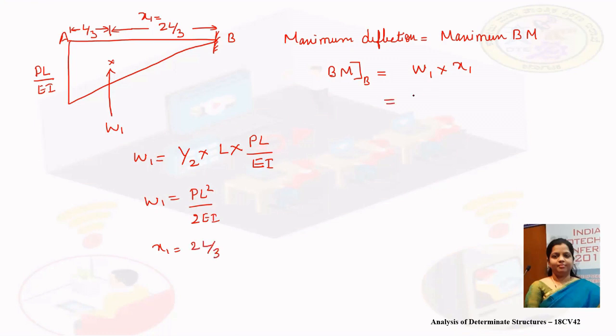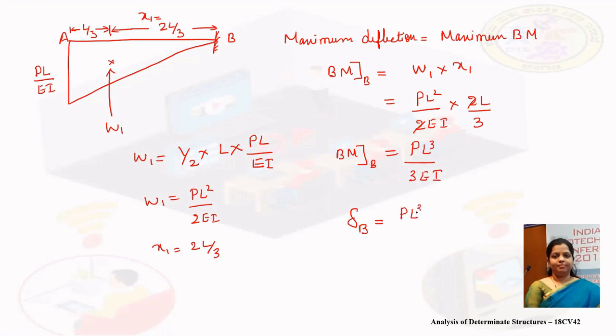Substituting the values, we will get PL cube by 3 EI as the maximum bending moment at B. Therefore, maximum deflection delta B will also be equal to PL cube by 3 EI.